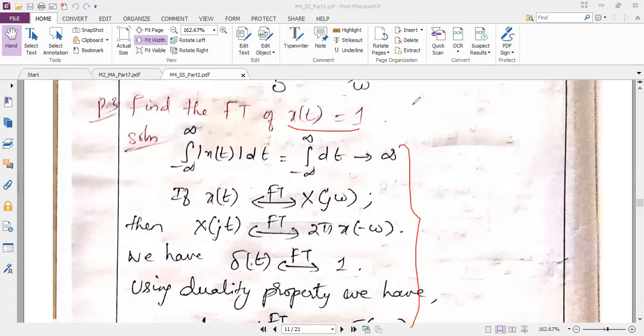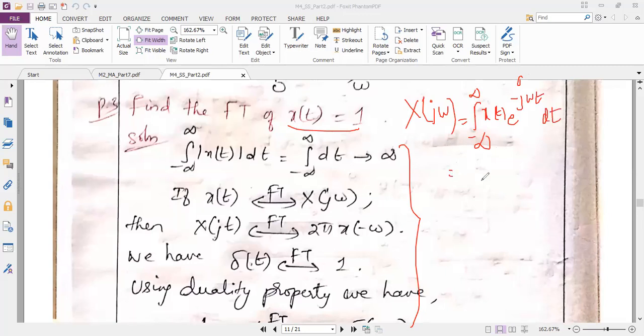We know the formula of Fourier transform x of j omega is equal to integral minus infinity to plus infinity. I just want you to check whether we will face any problem if we use the normal method. So x of t multiplied with e power minus j omega t dt. I want you people to try this. Then we will see the steps which are written in my notes, because I have not solved using the formula.